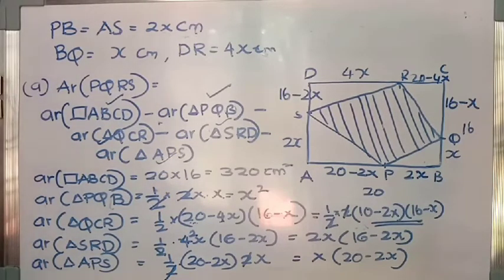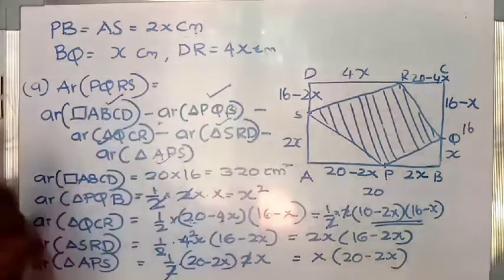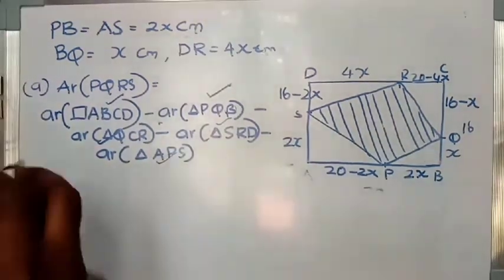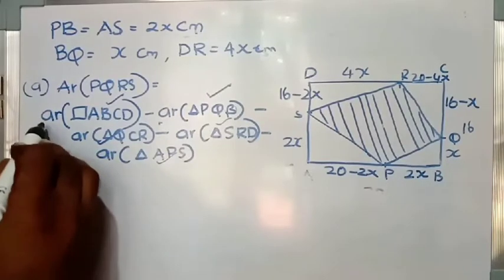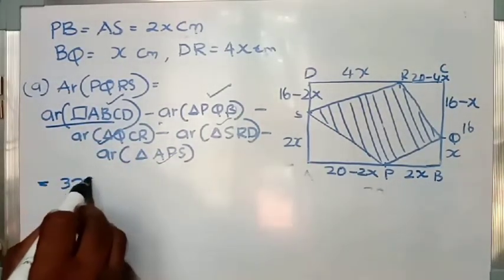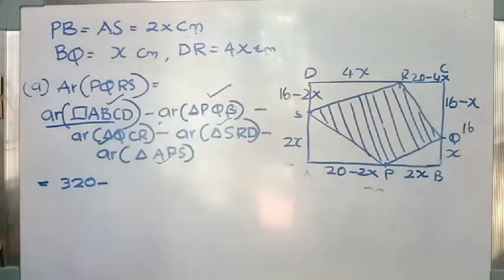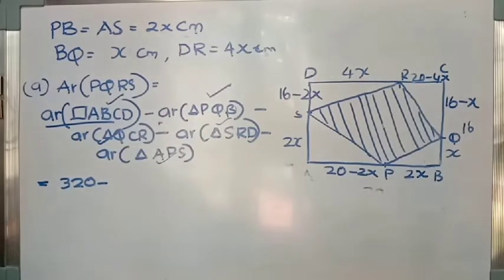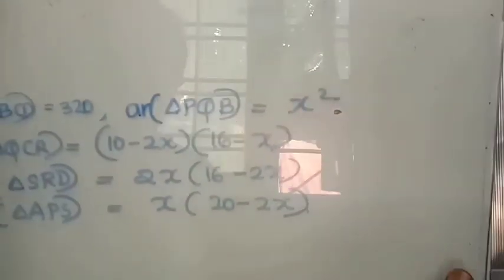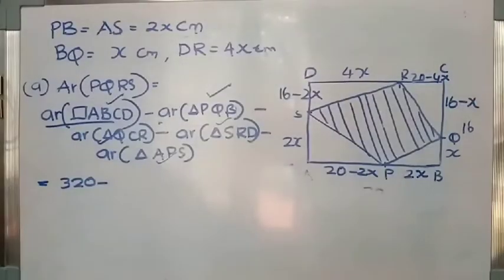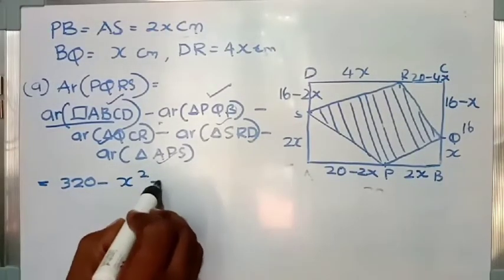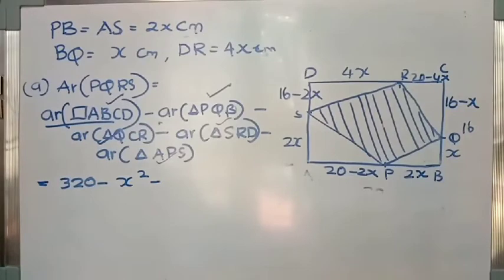Okay, so now let's find this answer. So now let us replace. Area of PQRS is 320 minus area of triangle PQB. What is area of triangle PQB? Area of triangle PQB is x squared minus area of triangle QCR.